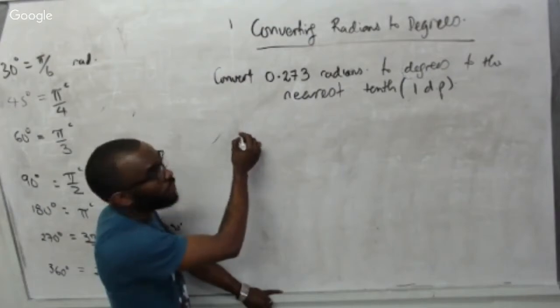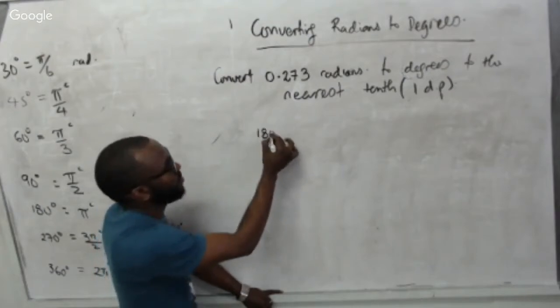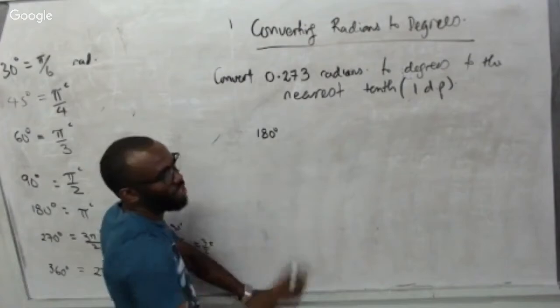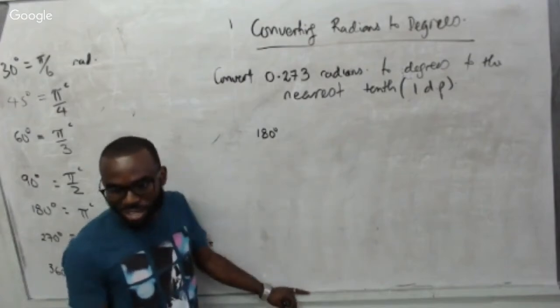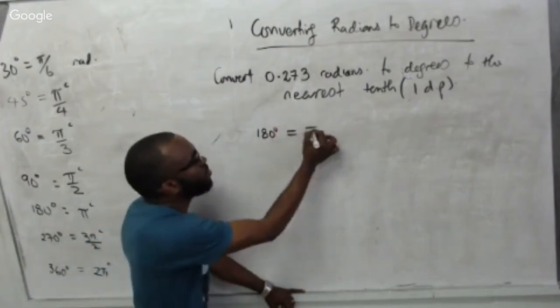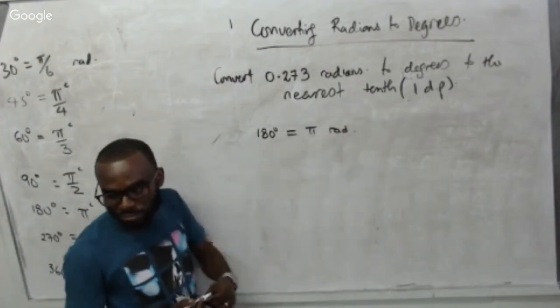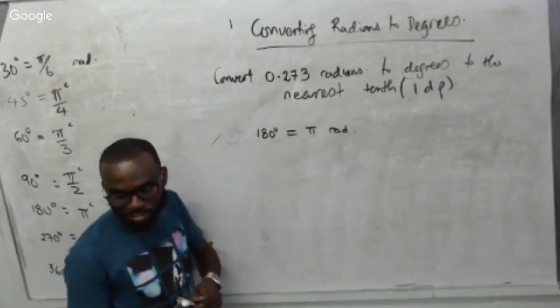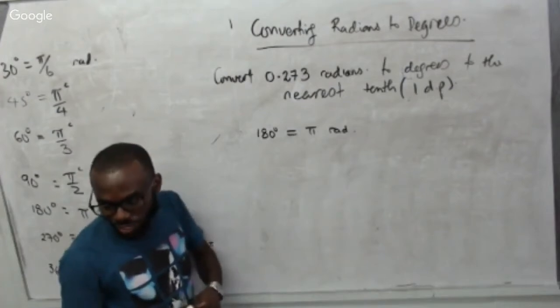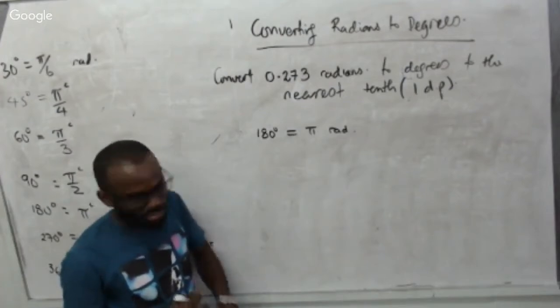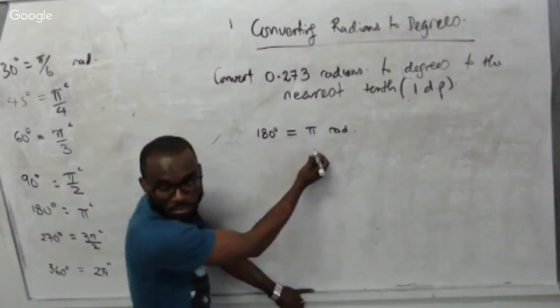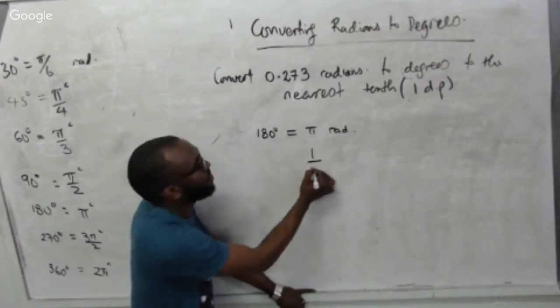What's the rule? To convert degrees to radians or radians to degrees, I must first know the formula, the relation: 180 degrees equals pi radian. What am I converting from? So I need to find 1 of what? I need to divide both sides by pi.